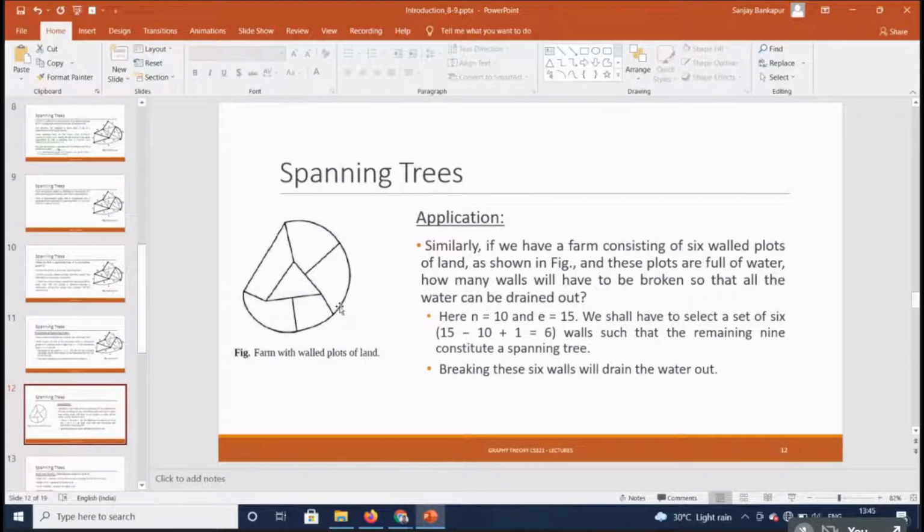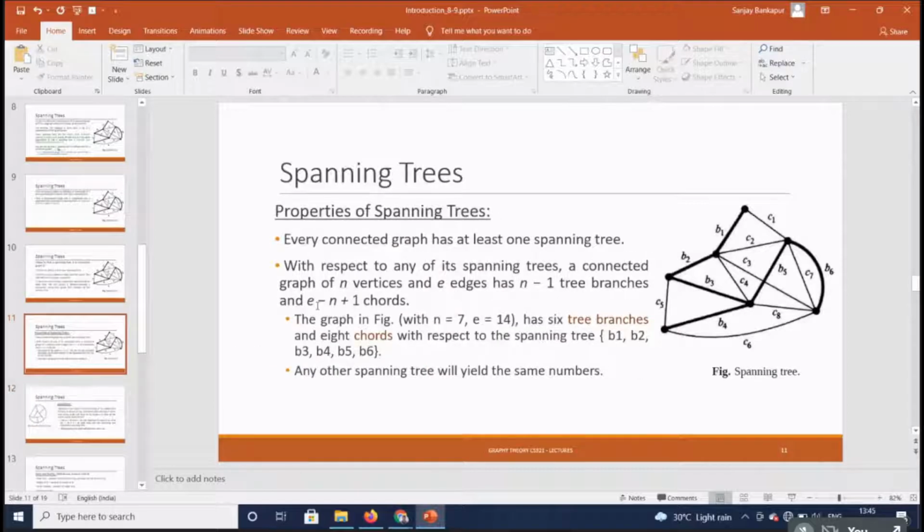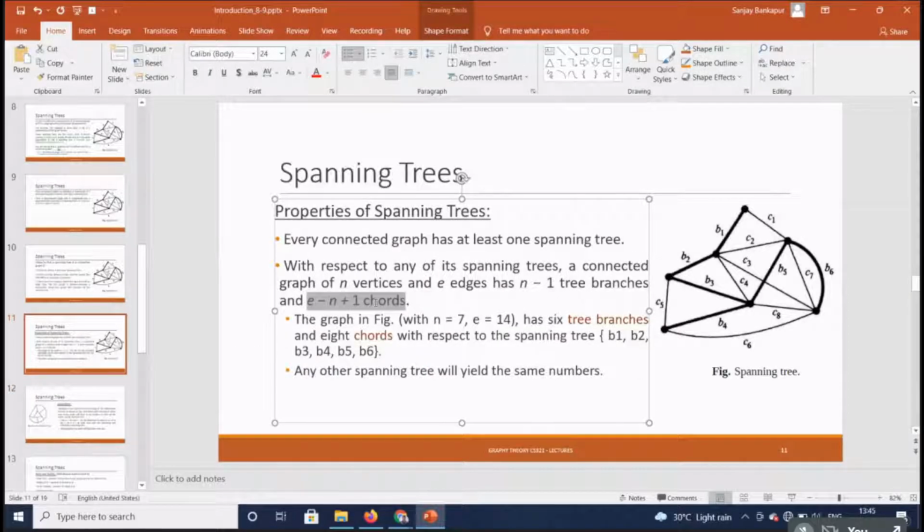With that example, we can say 15 minus 10 plus 1. We know the E value and the N value, and we know how many chords there will be. So chords equal E minus N plus 1, as we saw previously.